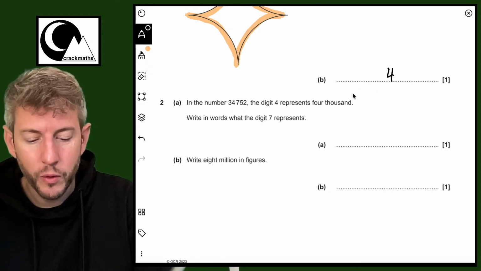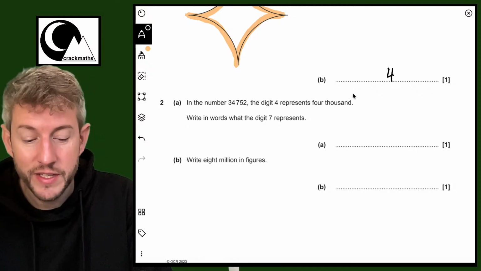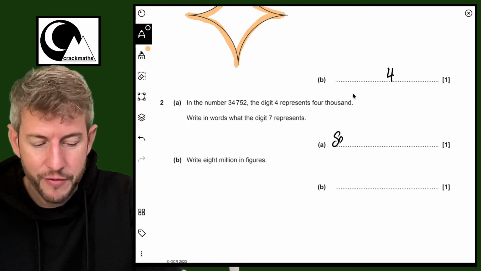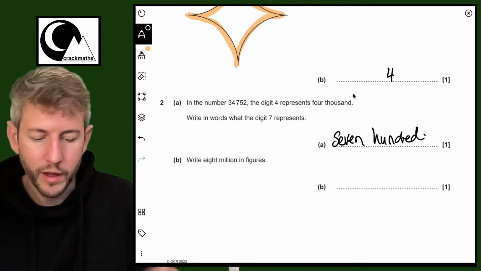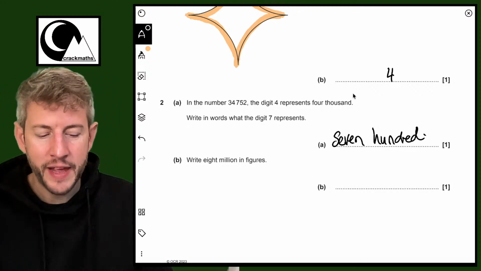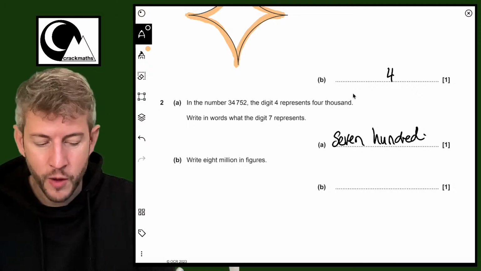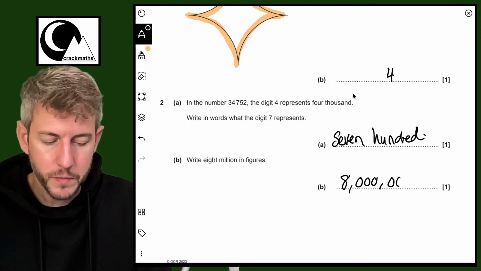Well, the 7 equals 700. So we write in words what the 7 represents. This is going to be 7, S-E-V-E-N, 100. Okay, there we go. And part B says, write 8 million in figures. So 8 million is 8 with 6 zeros.